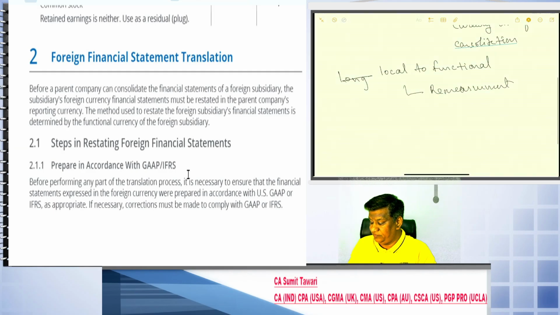And when we transfer from functional to reporting, it is basically the translation.